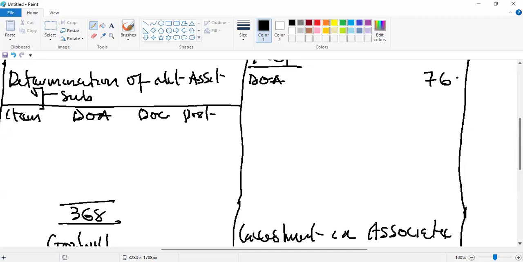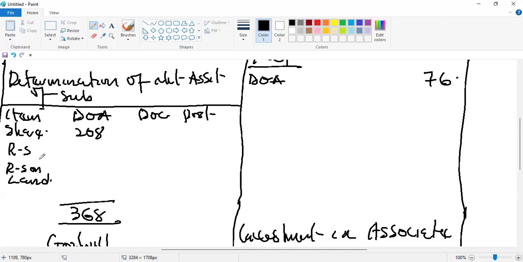So now, what do I do? I'll just pick the figures. What is the shares in subsidiary? 208. There's no value for the retained earnings. They said revaluation surplus on land.